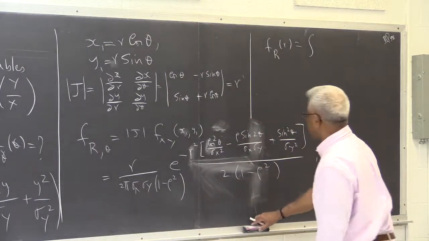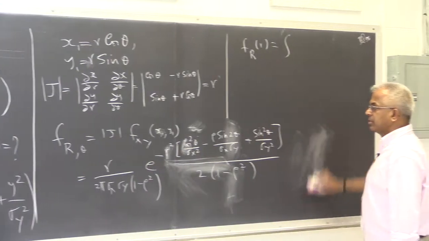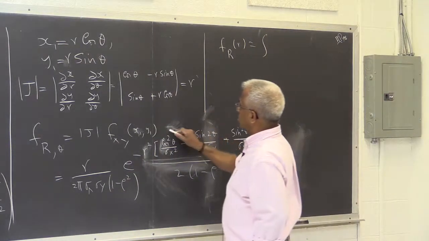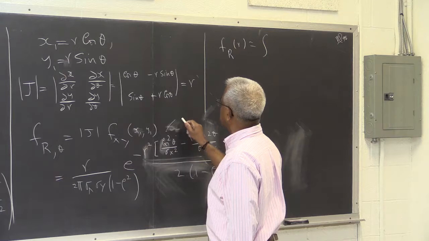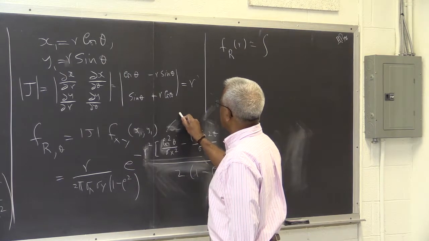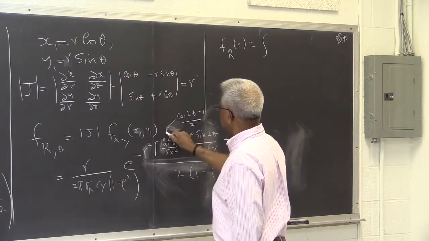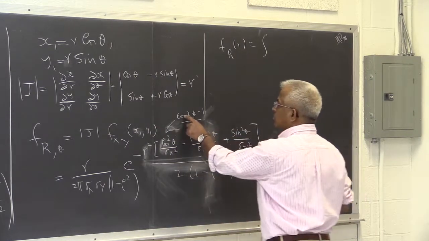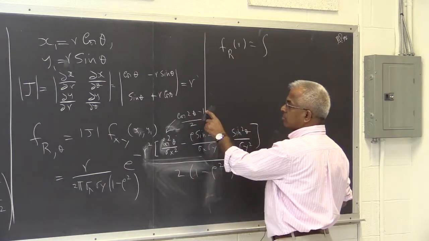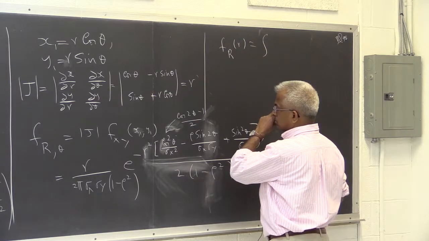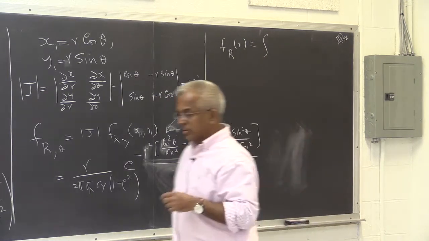Or we can make a little further simplification here. Let me write cos squared theta as cos 2 theta plus 1 by 2, right? Because cos 2 theta is 2 cos squared theta minus 1.